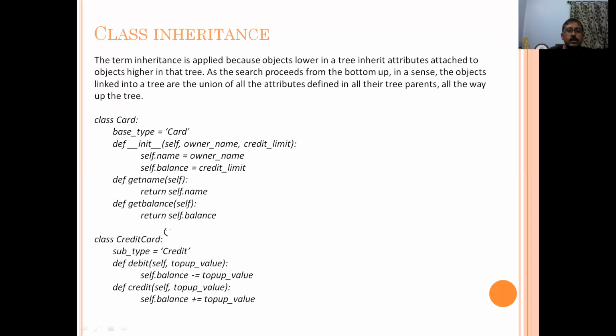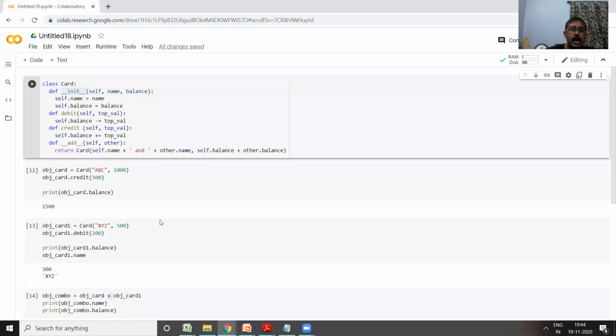Here we have to use the class card and do the overloading. The inheritance. When we have a card class, and we try to inherit another class, say credit card, from the card class, we can do it simply by using parentheses when defining the credit card class, and within the parentheses we name the parent class, or the parent classes if you want to inherit from multiple classes. So let's quickly look into how we can do that.